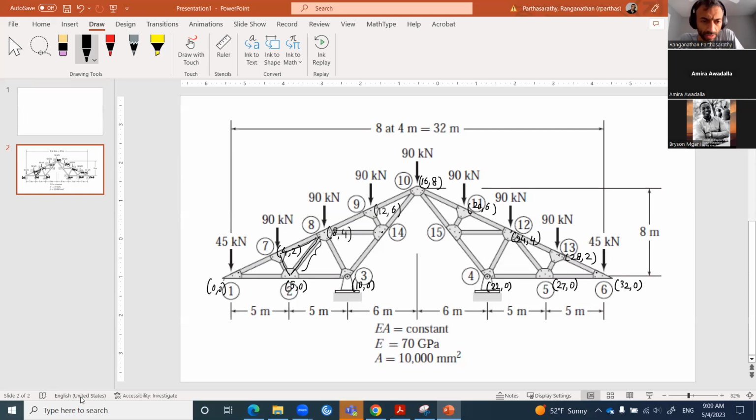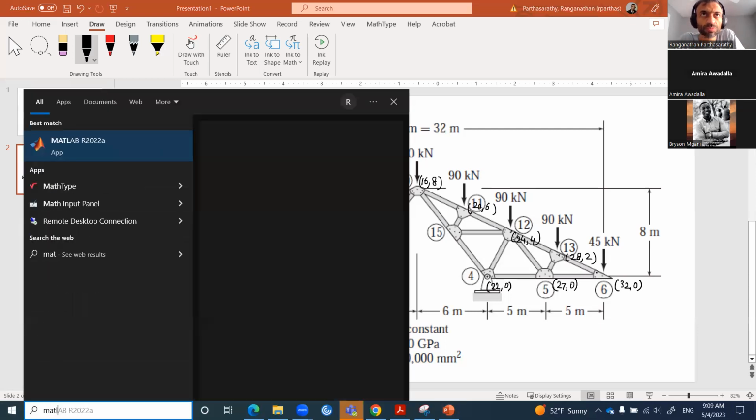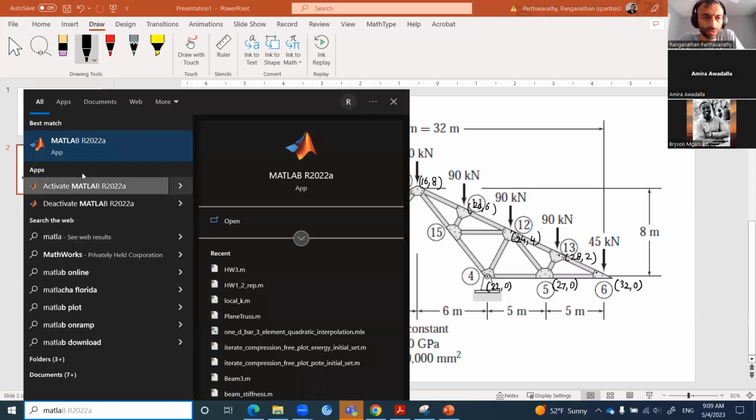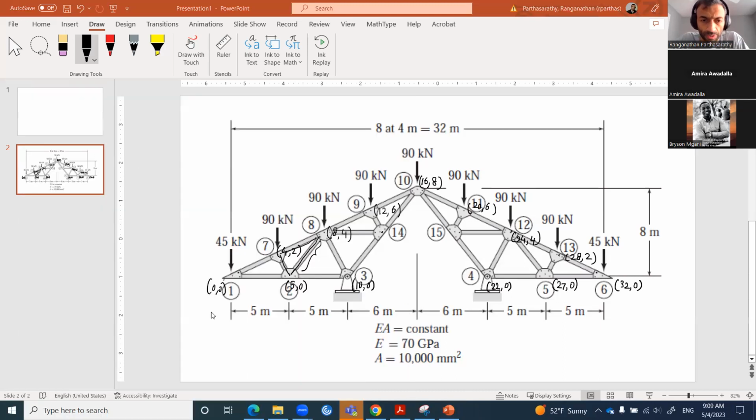Meanwhile, let's set MATLAB up. Okay. So this distance is 4, comma 2, 5, comma 0. So 1 square plus 2 square, root 5.